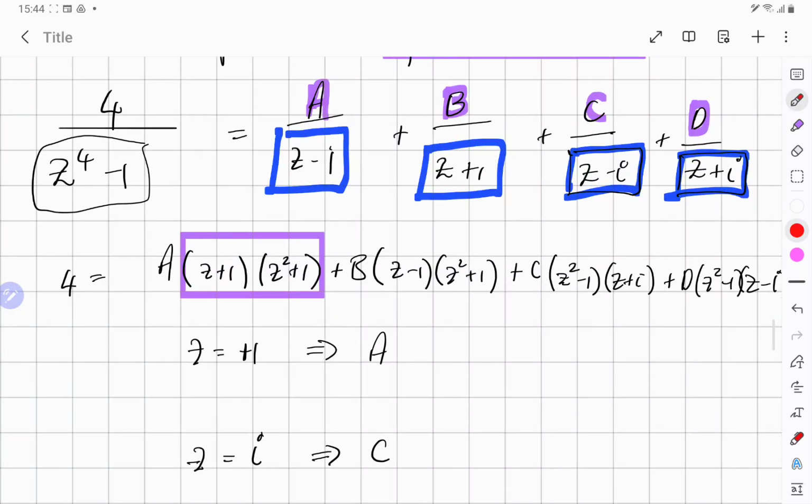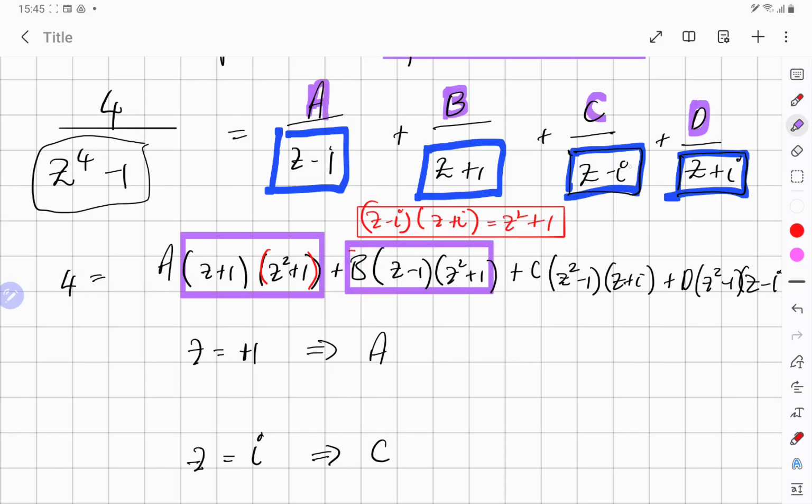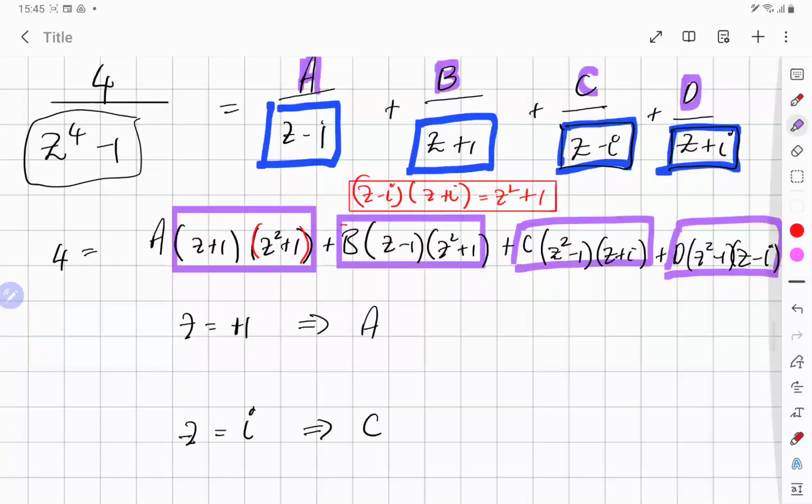Where is the z squared plus 1 coming from? Because I times by z minus 1, z minus i, z plus i, that is z squared plus 1. Again, that quick method. And then I times b by z minus 1 and z squared plus 1. And then my z minus i, so I times it by z plus i, z squared minus 1, and then my d. So this is all partial fractions.